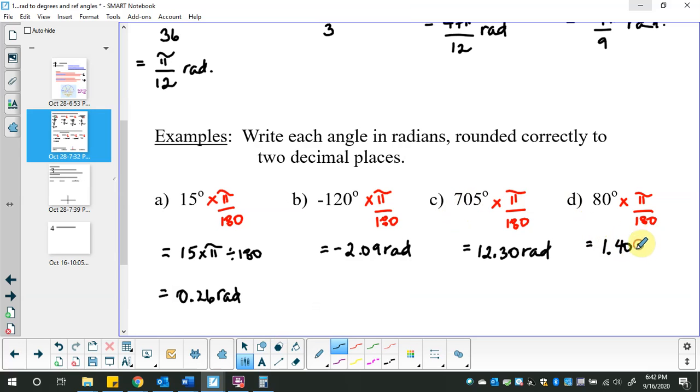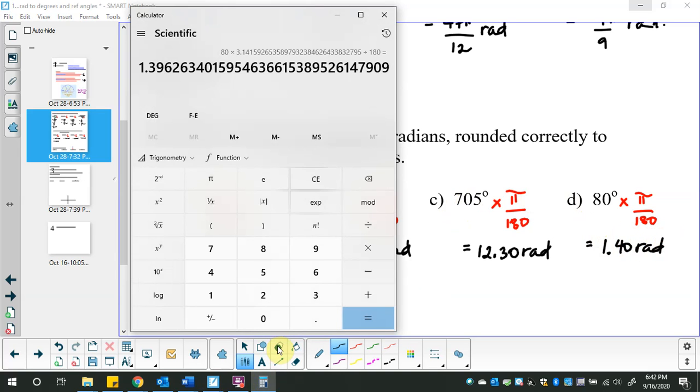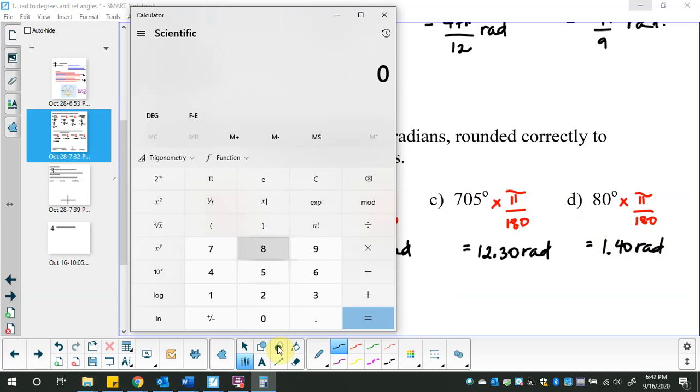Don't lose the units. That was with the pi button, just for kicks. 80 times 3.14 divided by 180 equals the same thing, off a little bit. So it might affect your 3rd digit instead of your 4th digit after the decimal.